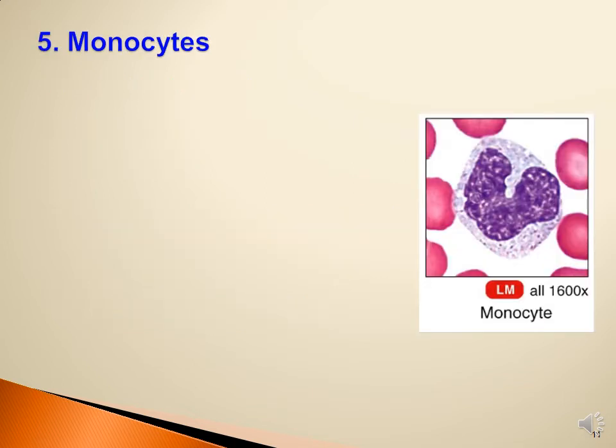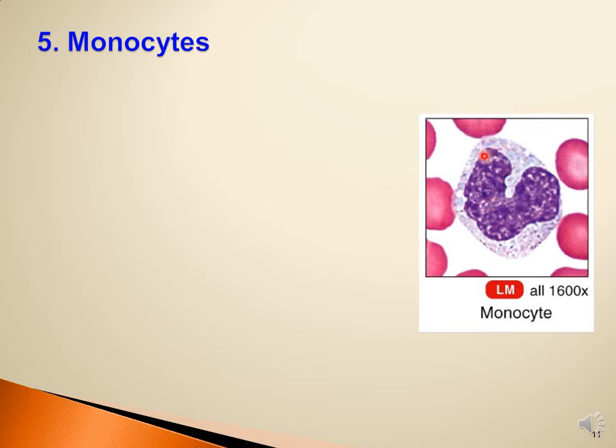The last type of leukocytes are the monocytes. These are agranulocytes. They have a kidney-shaped nucleus. So all the white blood cells contain only one single nucleus, and cytoplasm with or without granules, whether they are granulocytes or agranulocytes.